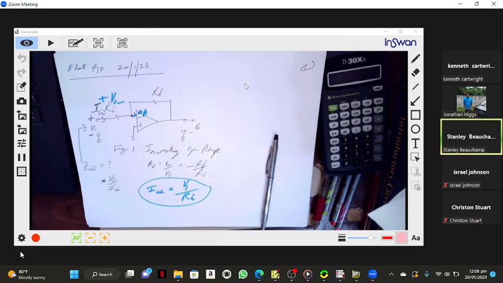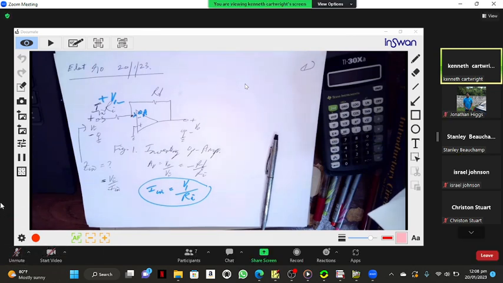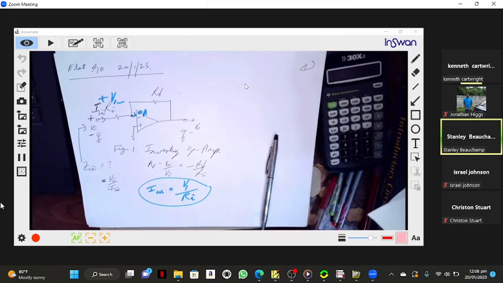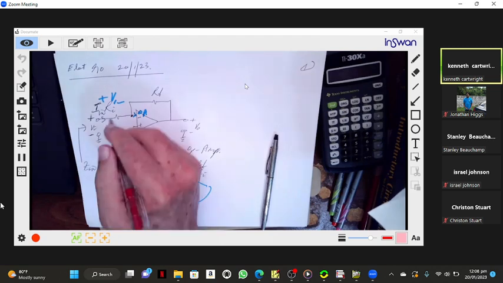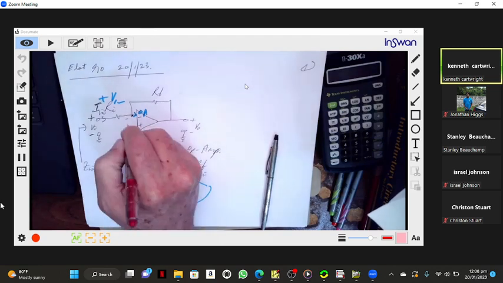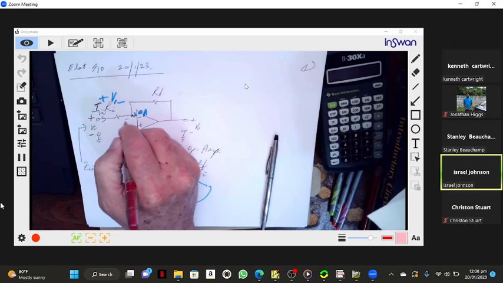After you use KVL around that loop, there's still a step you're not telling me. What do you mean, Vd is equal to 0? Absolutely. Approximately 0, yeah.